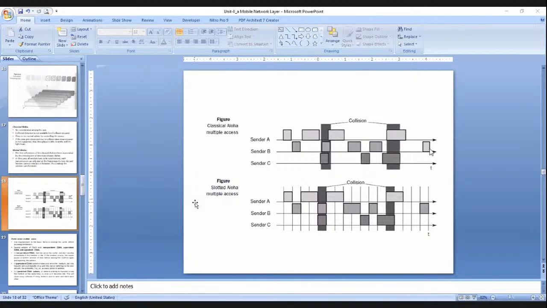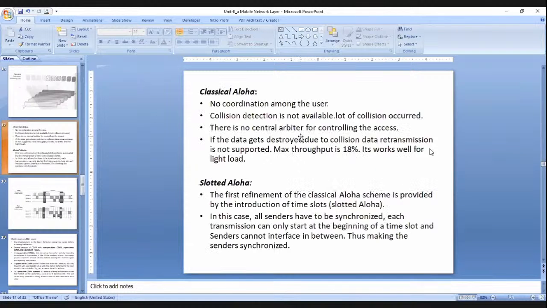Whereas in classical Aloha, there is no collision detection. That means you don't sense any carrier signal. Whether it is free or not, you directly send the data. That's why you don't have any central arbiter, which means you don't have any control on the access. If you had control on access, you would be able to detect the collision.